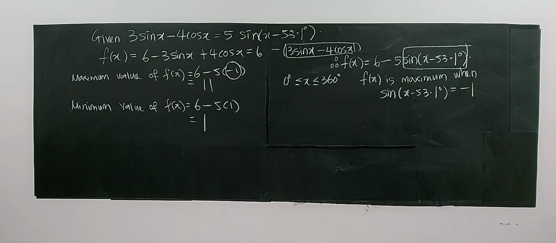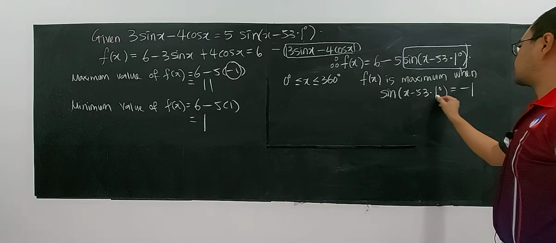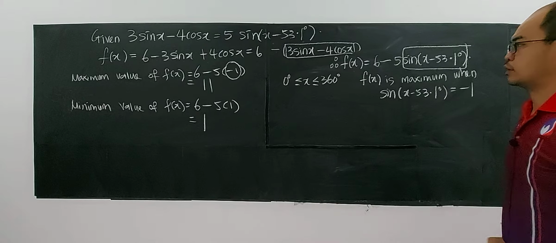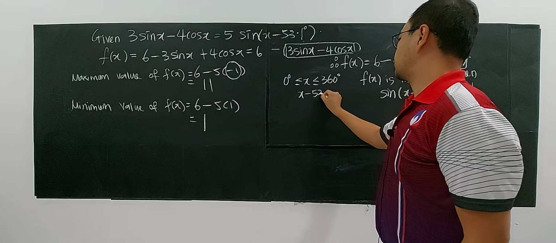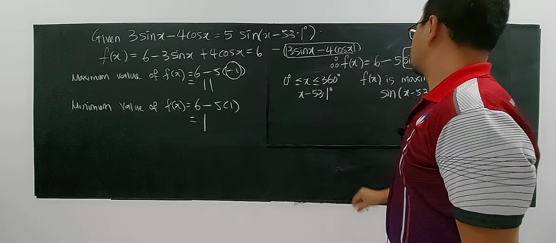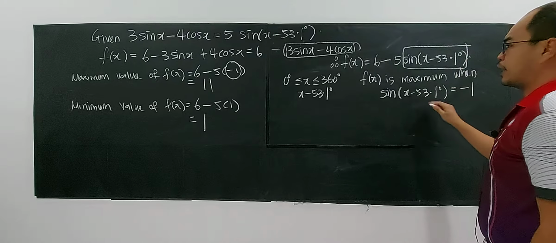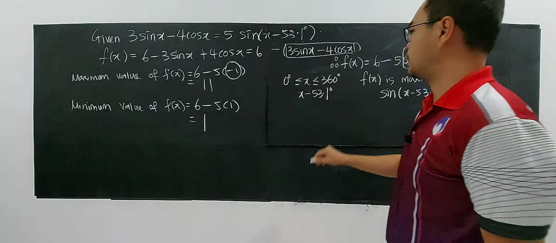Alright, so now you have sine(x - 53.1 degree) equals -1 here. So you have to modify the range here such that it becomes x - 53.1 degree. I consider maximum first, later I consider minimum.